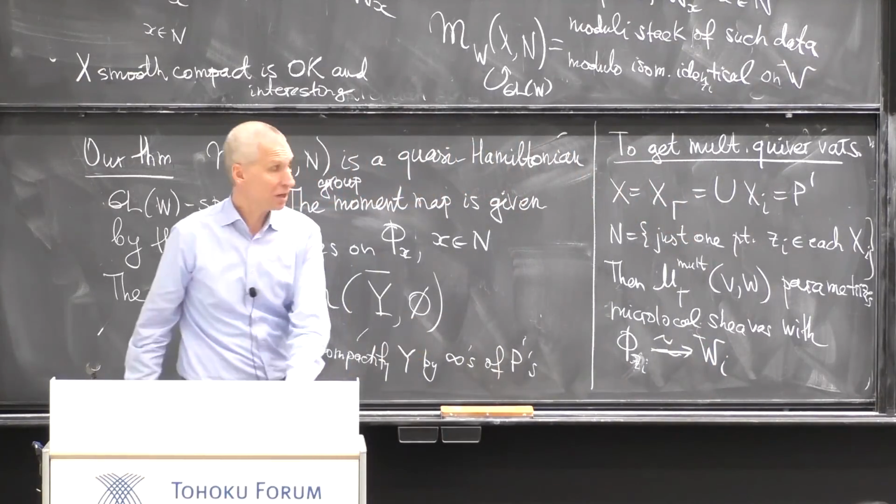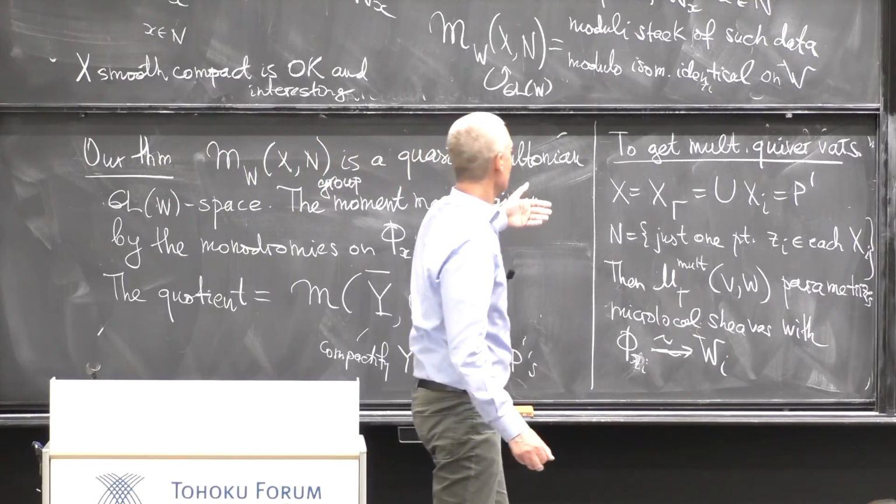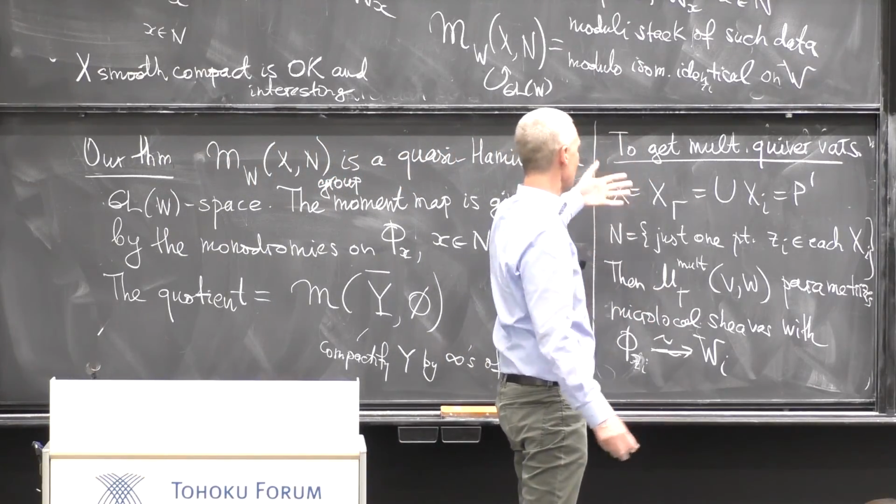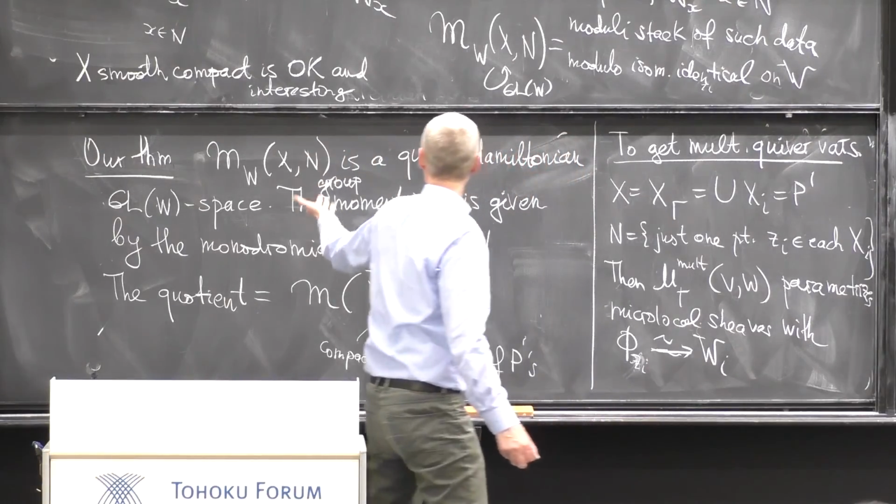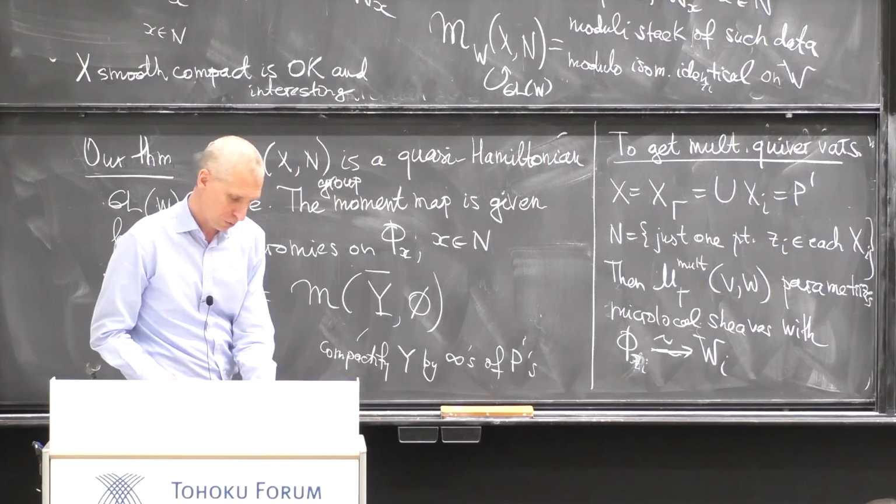In particular, this is a quasi-Hamiltonian space. It is not symplectic, but it will become symplectic if we do the quotient, and one can say what happens if we do the quotient.